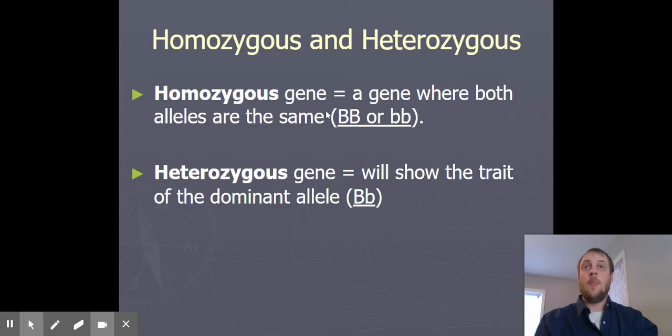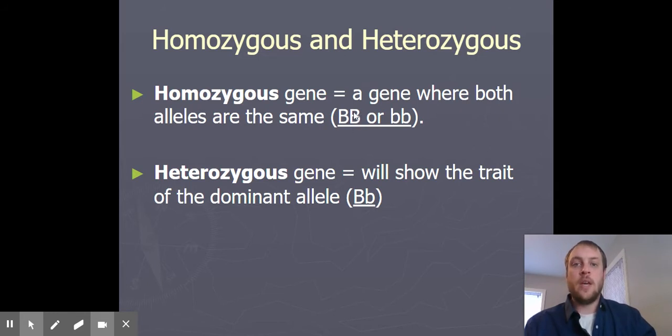So if we're using the letter B to represent a trait, let's just say, for the sake of argument, that we're looking at eye color. The big B represents a brown eye color. Little b represents a blue eye color.